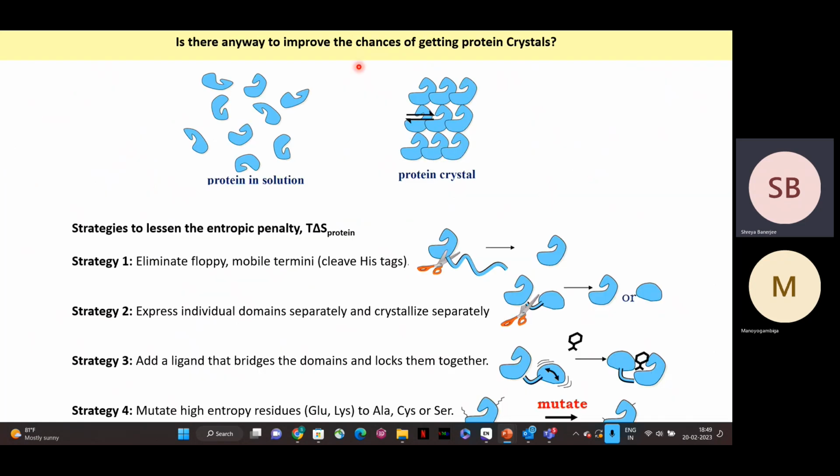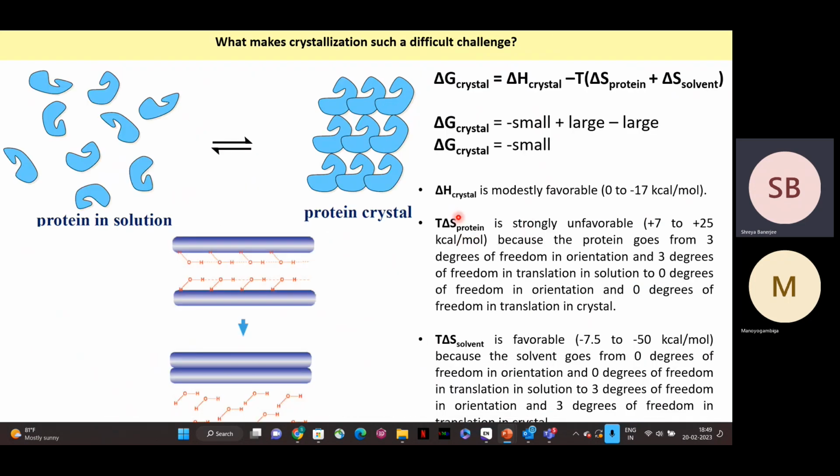So how can you improve the chance of getting these crystals? One of the methods is to lessen the entropic penalty of this T delta S. As you learned in the previous slide, this T delta S is unfavorable because the protein goes from having a lot of entropic freedom to having very little entropy.